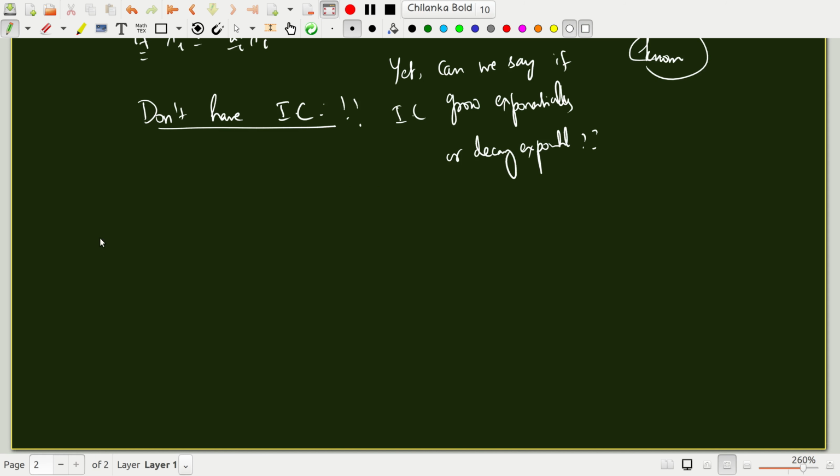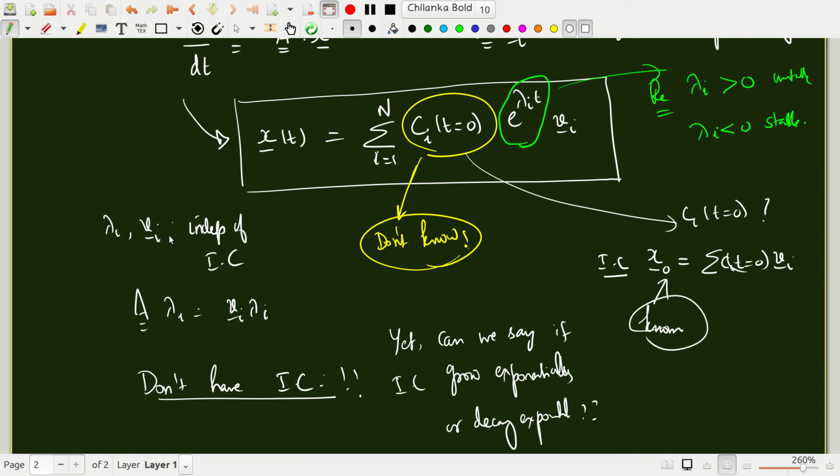So this method is called the method of normal modes. In fact, we don't do all this. We say that we'll take a typical term from this sum. Okay.